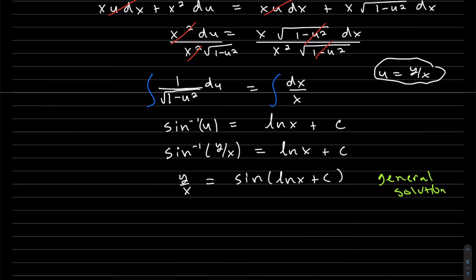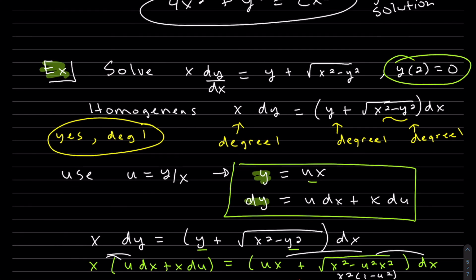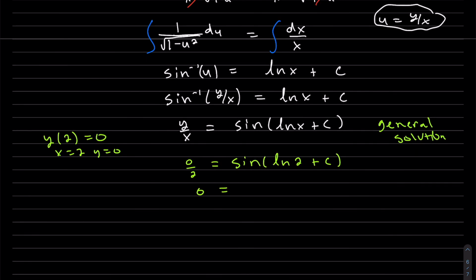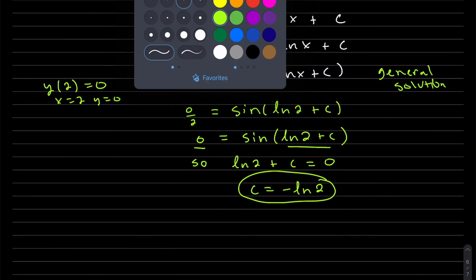But this was an initial value problem. I think it was, let me check this. Y of 2 equals 0. Yes, right there. So if this is 0, this has to be 0 inside here. So c is minus natural log of 2, and we can plug it back in.